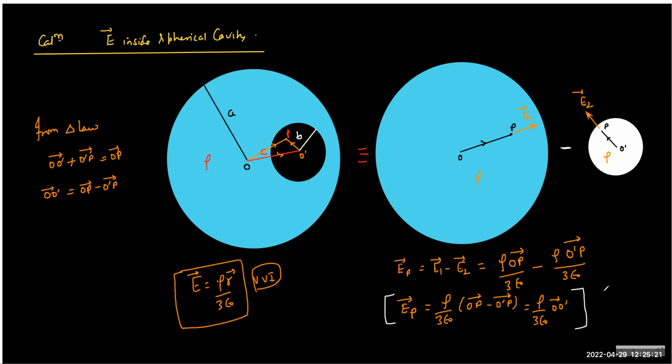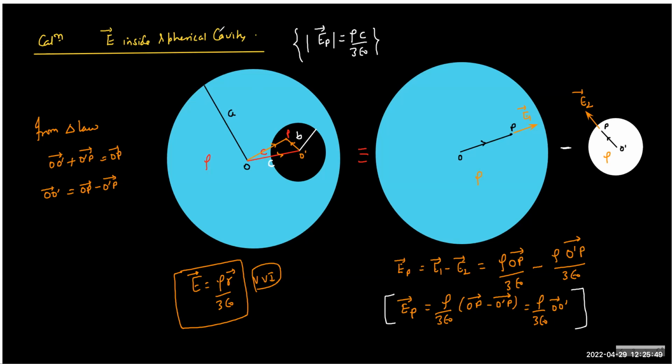In magnitude, the modulus of electric field in the cavity we can write as rho c by 3 epsilon naught, right? The numerical value is c, because the length of OO dash is c only.